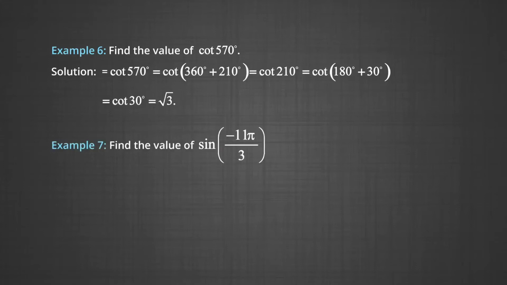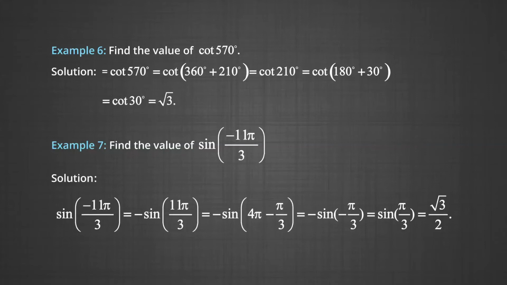In example 7, we will find the value of sine of minus 11 pi by 3. Sine of minus 11 pi by 3 is equal to minus times sine of 11 pi by 3, because sine of minus theta is minus times sine theta.